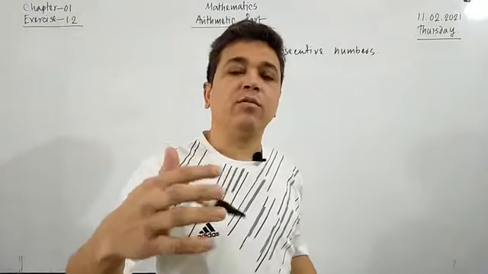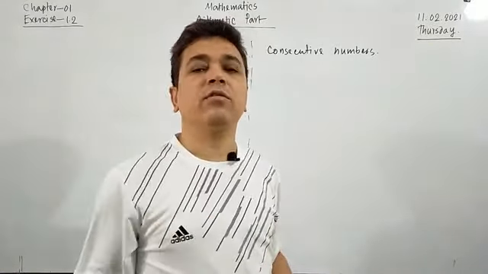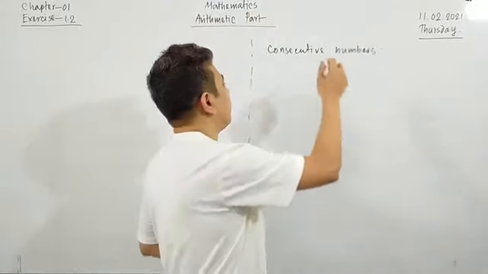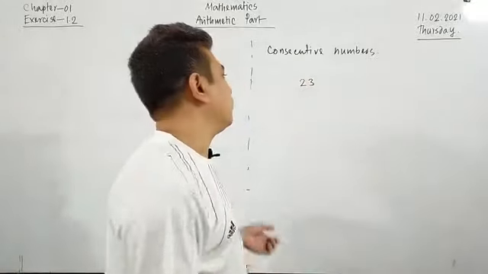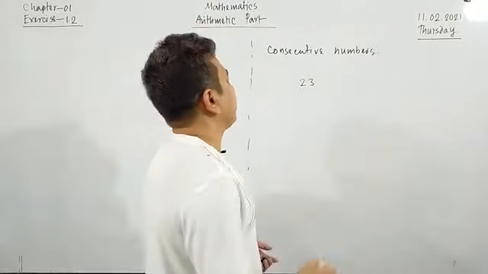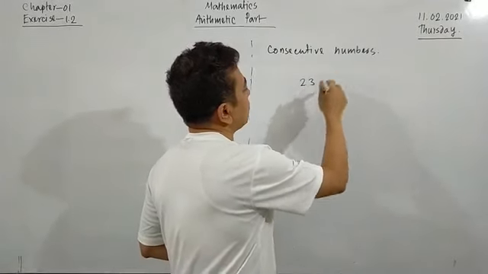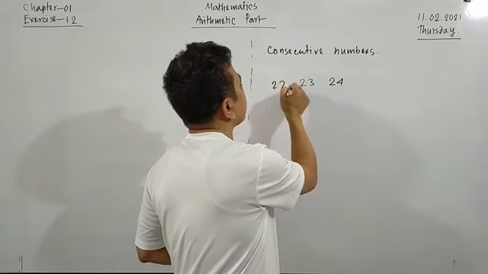Consecutive numbers means one after one. There are no gaps between two numbers. For example, one number is 23, so the next number should be 24 or 22.